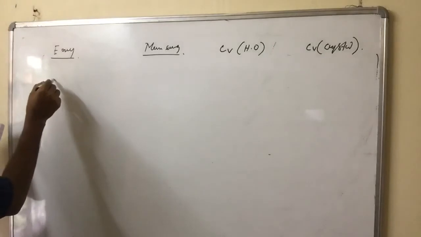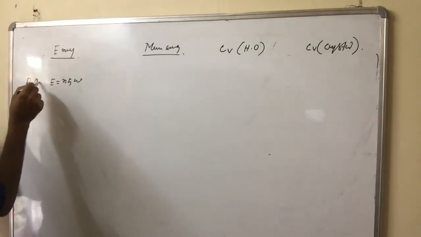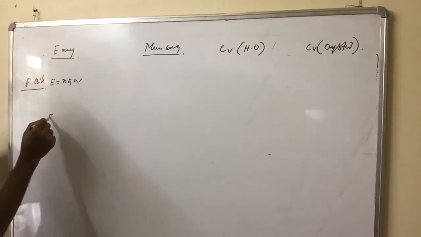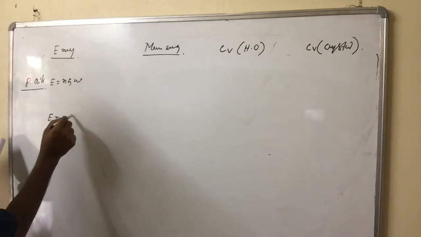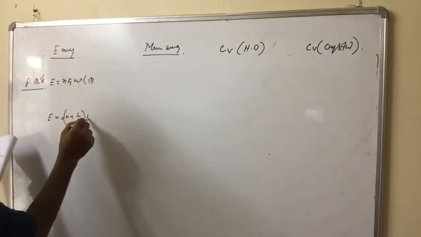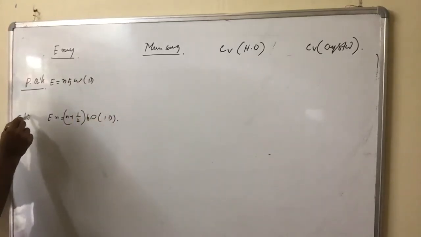If I take the mean energy, En equals n h cross omega, this is the Planck oscillator. This is En equal to (n plus half) h cross omega. This is 1D. This is the Schrödinger oscillator.